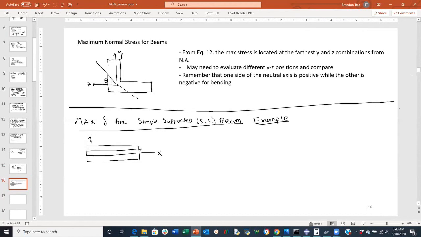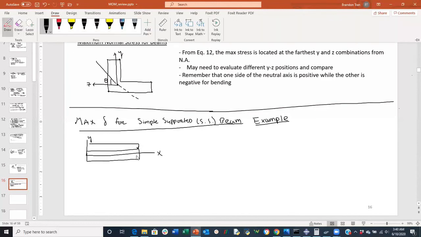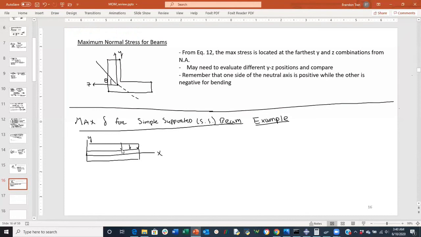Let's assume there is a consistent loading, a uniform loading Wx here. Simply supported means that it's hinged on both ends, so it has a vertical and horizontal reaction here. Obviously, Z is going out of the page towards us.